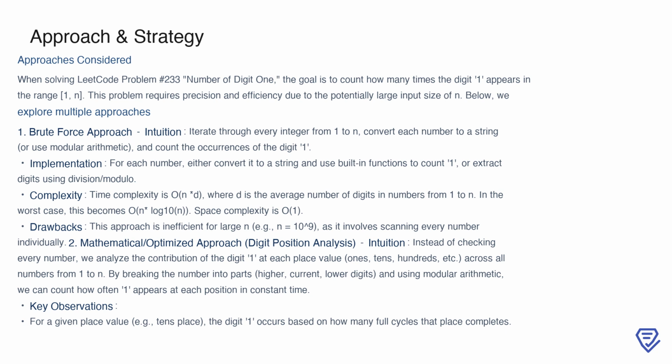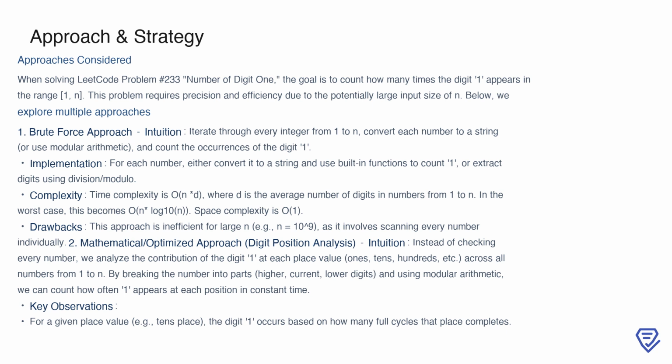To solve LeetCode problem number 233, which asks us to count how many times the digit 1 appears in the range 1 to n, we need to consider the efficiency of our approach, especially for very large values of n. The first approach we might think of is brute force. The idea here is straightforward: iterate through every number from 1 to n, and for each number, count the occurrences of the digit 1.